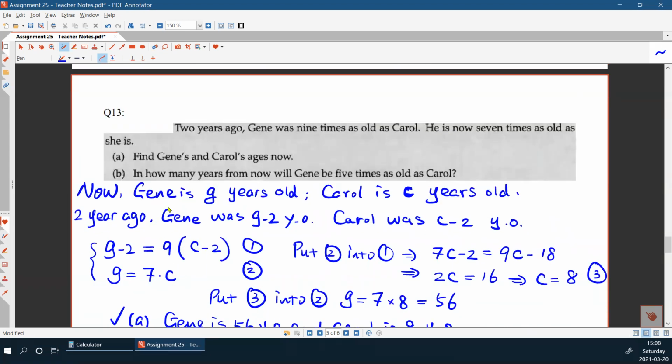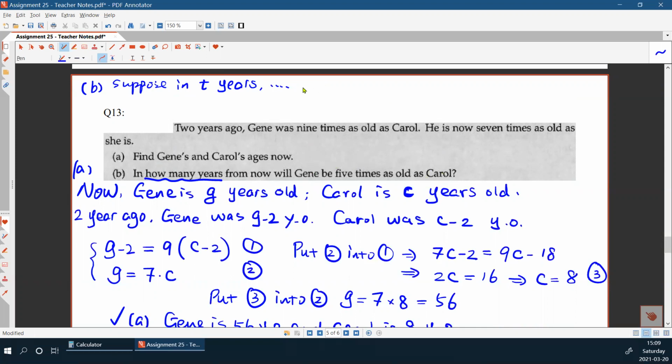The next task is to find in how many years from now will Jean be 5 times as old as Carol. So we don't know this quantity, right? So usually we use a letter to denote the quantities that you want to know. So for the second question, let's suppose in T years, Jean will be 5 times as old as Carol.